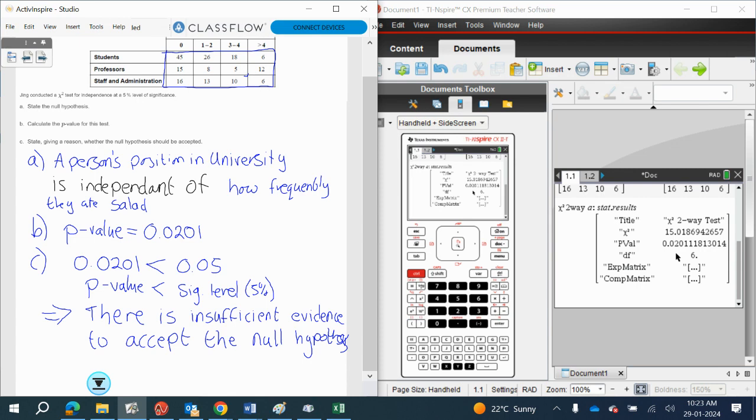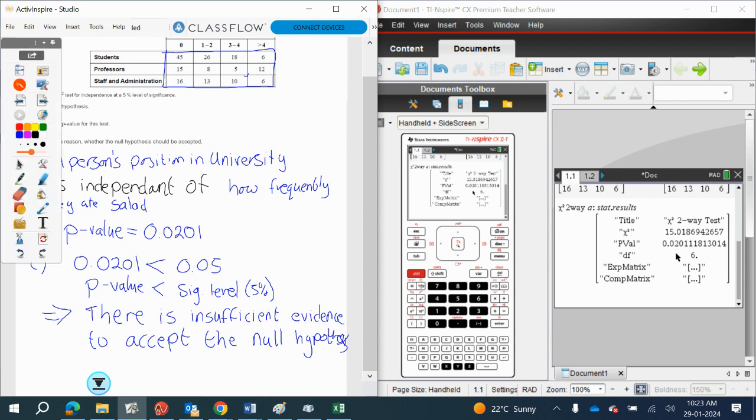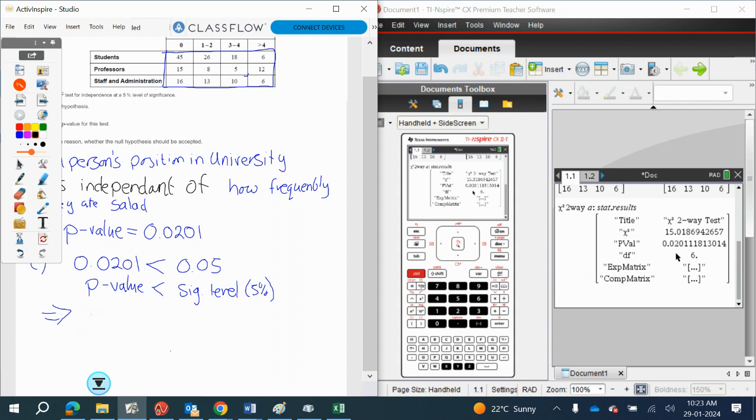It's rejected. Insufficient evidence to reject. No, you either reject the null hypothesis or you fail to reject. So we should have rejected it. There is sufficient evidence to reject, or there is insufficient evidence to reject.